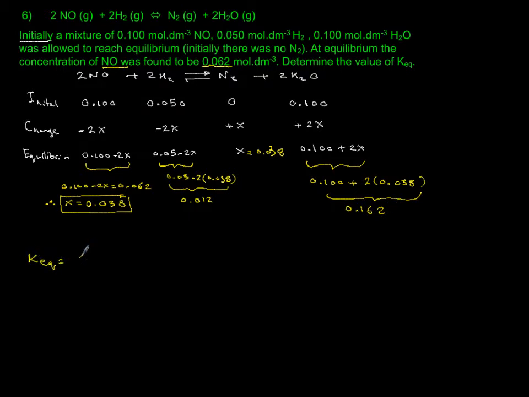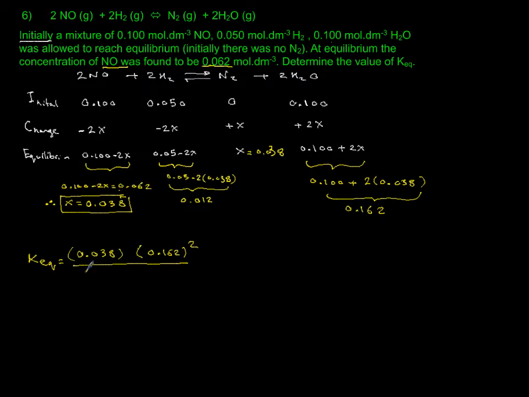Let's just plug in. So it's nitrogen times H2O squared: 0.038 for nitrogen times 0.162 steam squared, divided by, now NO, this is the point you shouldn't get confused. There are lots of numbers, but it's 0.062.